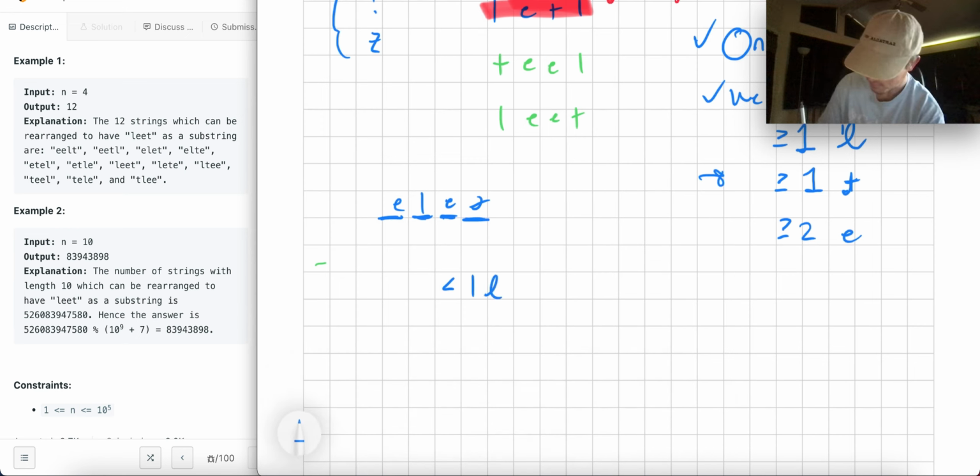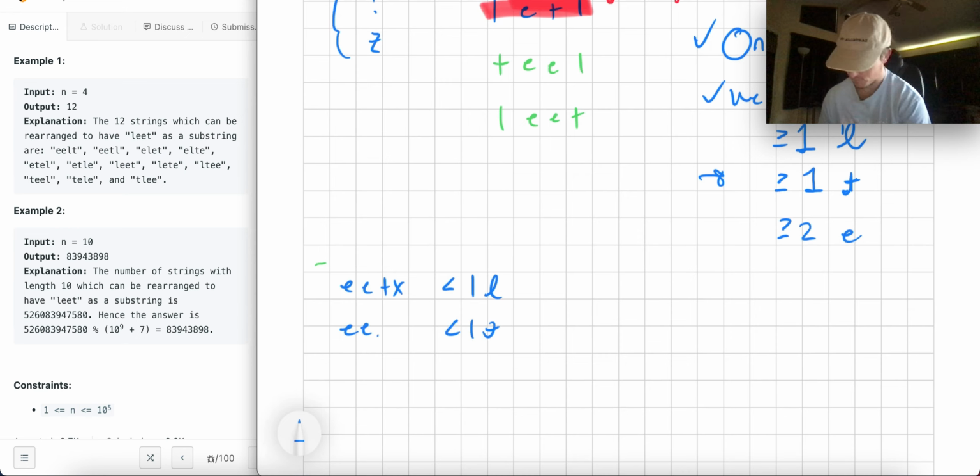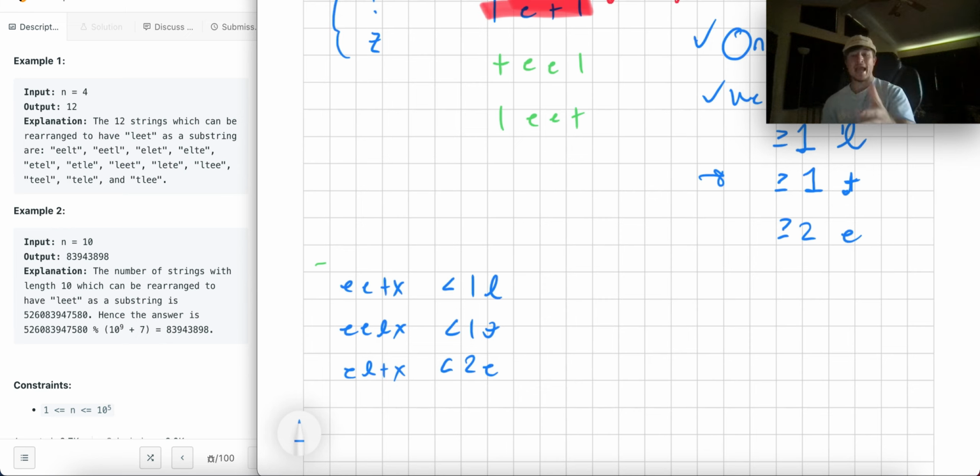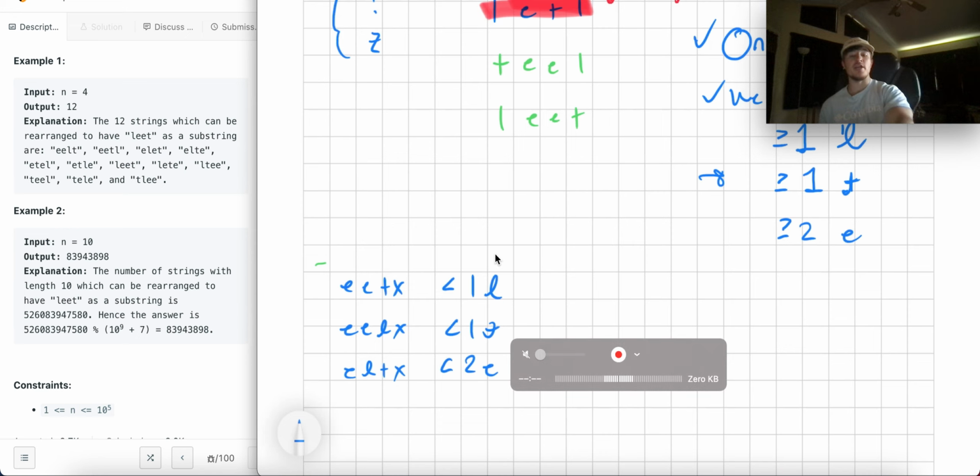For example, if I had EETX. If I have less than one T, I can never make it work. What if I had EELX? And if I have less than two E's, I can't make this work, for example ELTX. So if any one of those conditions doesn't hold, this won't work. So everything will work except for situations where either I have less than one L or less than one T or less than two E's.